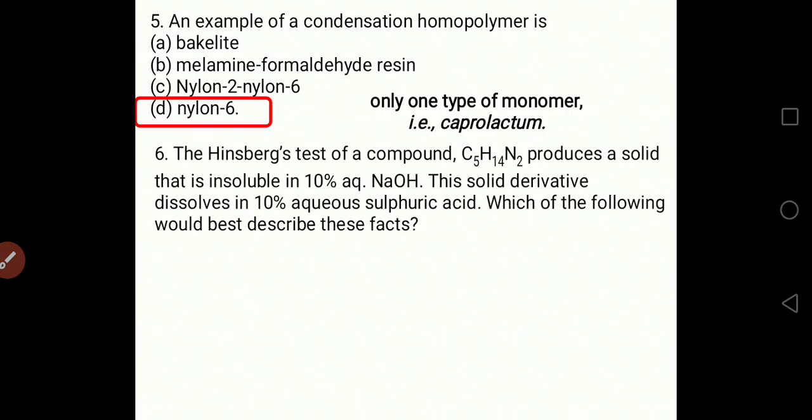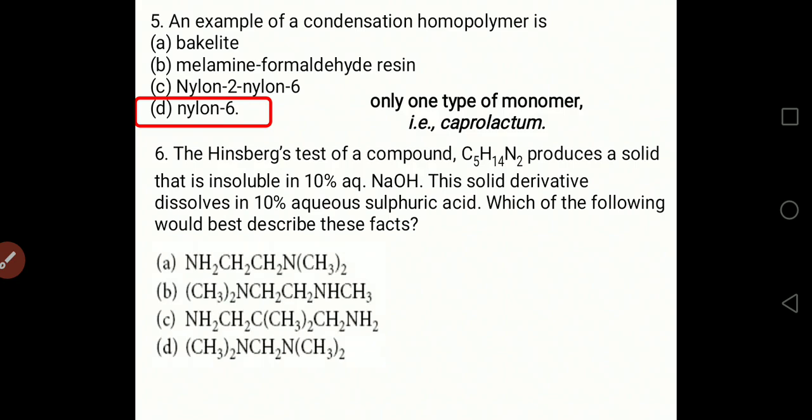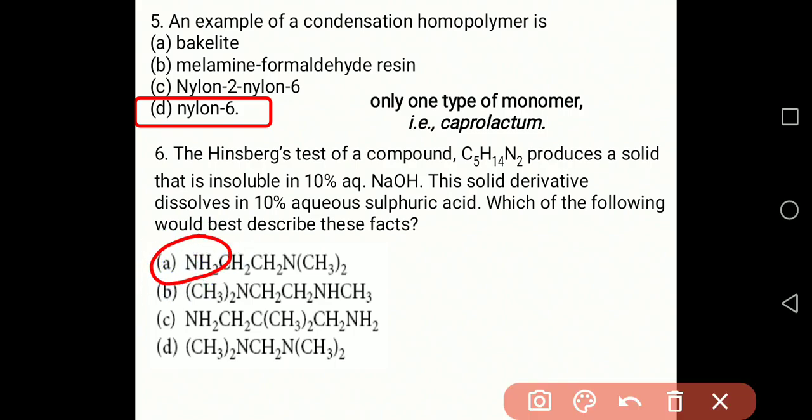Sixth one, the Hinsberg test is done for this particular molecule that produces a solid that is insoluble in 10% aqueous NaOH. We know that primary amine reacts very easily and the product formed is soluble, secondary amine gives an insoluble product, and tertiary amine does not react. So by seeing the options, you have to select which is the secondary amine. In the first one, this nitrogen is primary and this is tertiary.